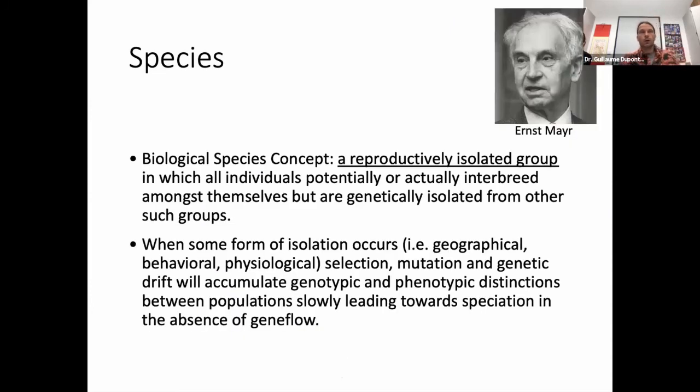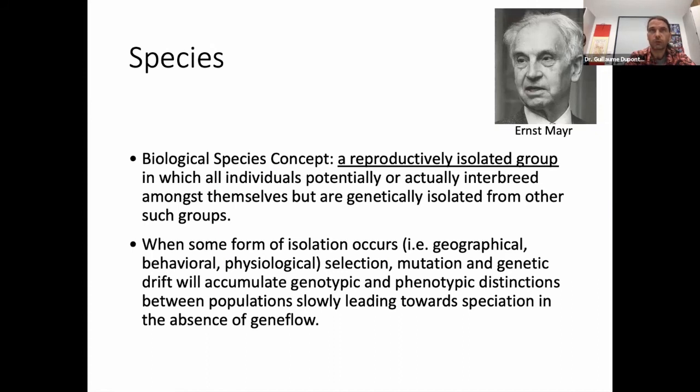So when we talked about biodiversity, we came across the issue that there are various species concepts. And in this class, we will not solve this issue, and it will probably never be solved because certain preferences exist. However, let's go back to the biological species concept, which was established by Ernst Mayr.